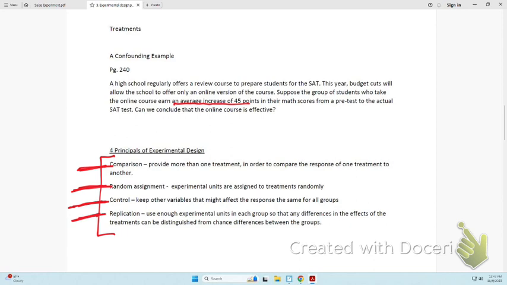But I think the number one problem is, why are we saying online is better if it hasn't been compared to anything else?